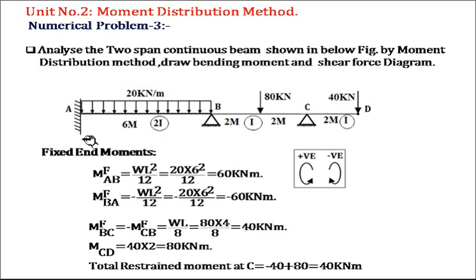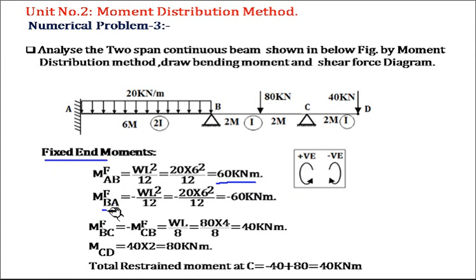This was the given continuous beam ABC loaded as shown in the figure. In the last video, we already found the fixed moments in different members of the continuous beam ABCD. Fixed moment in member AB is 60 kilonewton meter.